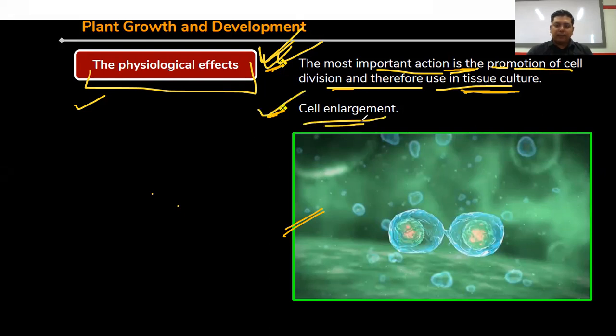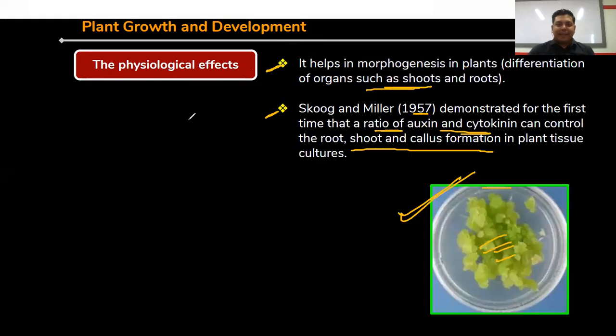They are also involved in some amount of cell enlargement, and due to its cell division nature, cytokinin is applied in tissue culture processes. It helps in morphogenesis in plants. So what is the meaning of morphogenesis? That is differentiation of organs such as shoots and roots.